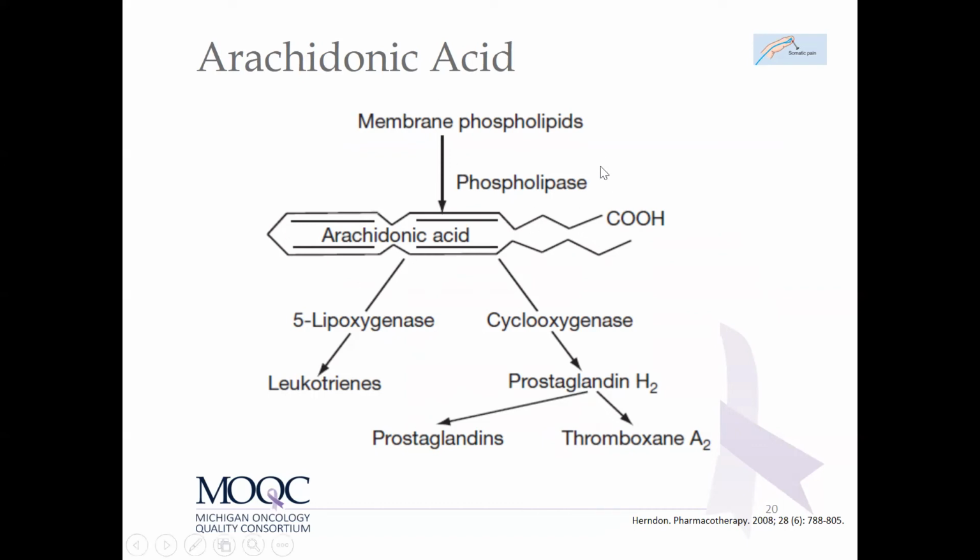Phospholipase, this is where steroids work within this pathway, inhibiting that mechanism. But then you get arachidonic acid, and then arachidonic acid is broken down either by lipoxygenases or cyclooxygenases, or COX enzymes. It's the COX enzymes that we're really interested in terms of NSAIDs, because that's where NSAIDs work.